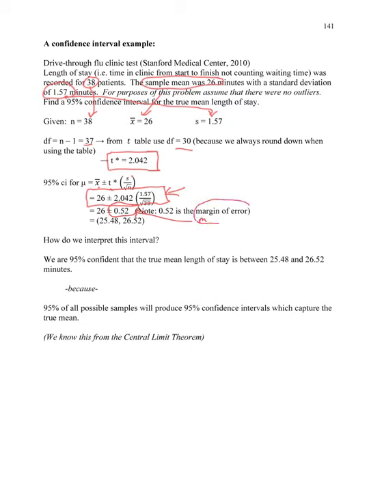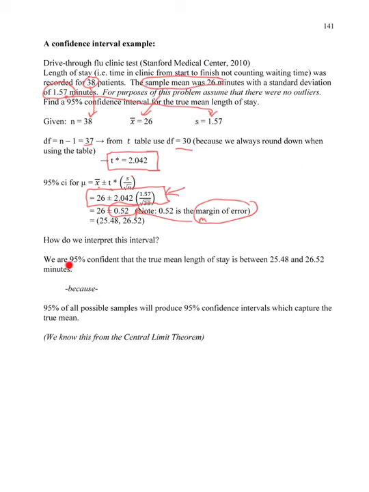Subtracting that from 26 gives us 25.48. Adding it gives us 26.52. So for our confidence interval for the true mean, we're 95% confident that the true mean is between 25.48 and 26.52.